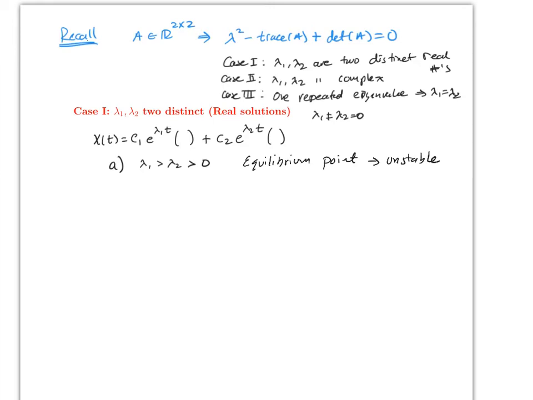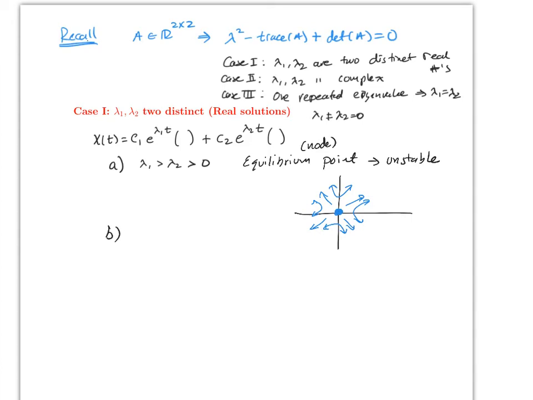The equilibrium point is sometimes also called a node. So the node, which usually is 0, 0, is unstable. Unstable means this: if the equilibrium is right here, let's say 0, 0, the trajectories are all going away from the equilibrium point. So everything is going out. So this is unstable.